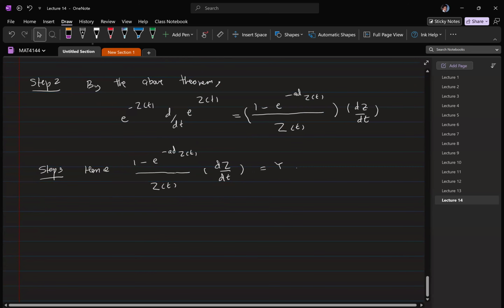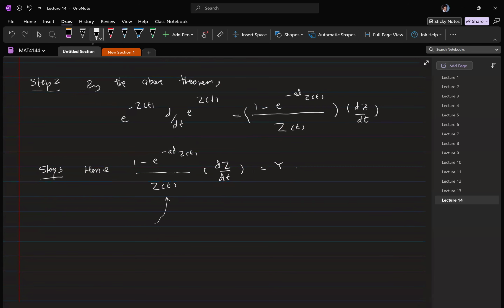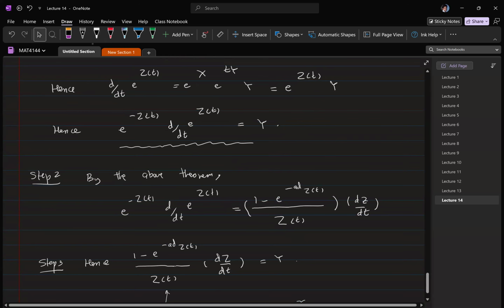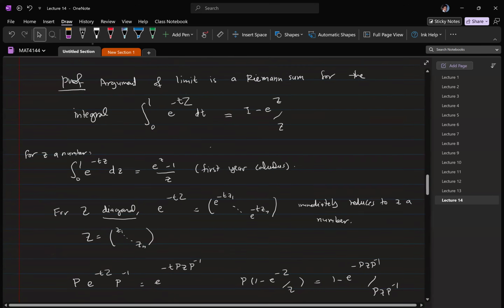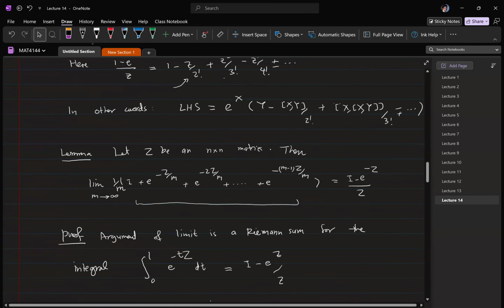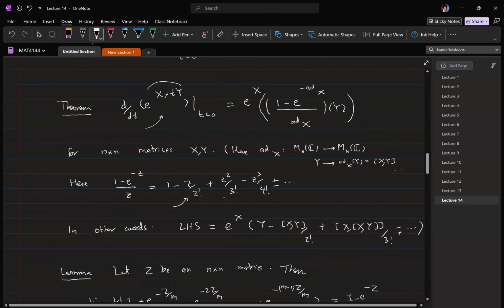And if you remember the series for this, this series had a non-zero constant term, like 1 minus e to the minus z divided by z. It started from 1, right? If you go up here, you see the series starts from 1.